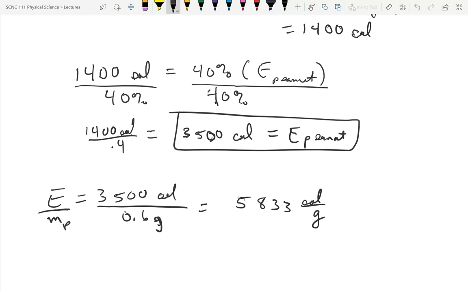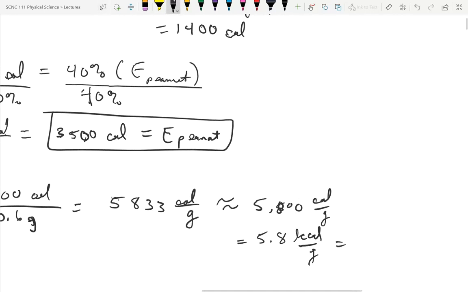As you can tell from their number, we're going to round here. That rounds to 5,800 calories per gram, or 5.8 kilocalories per gram. A dietary calorie is a kilocalorie, so that's 5.8 dietary calories per gram.